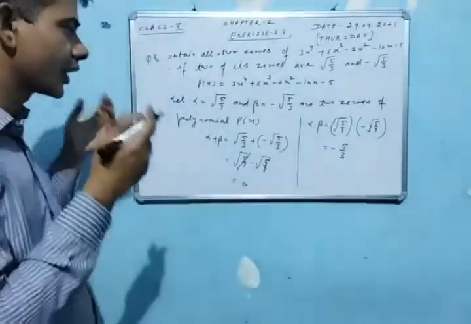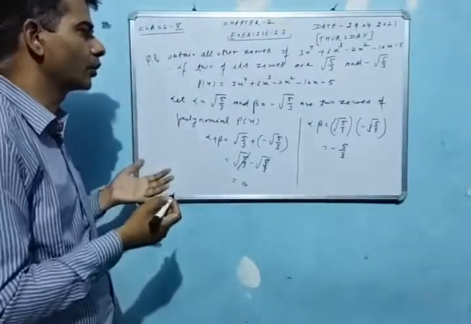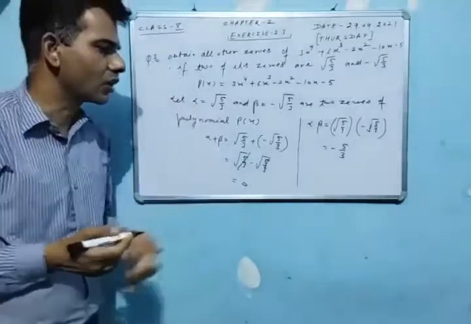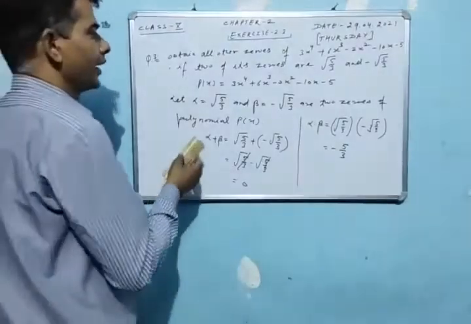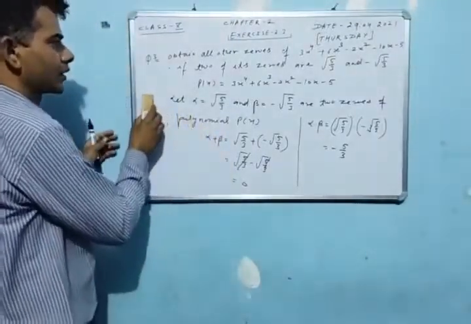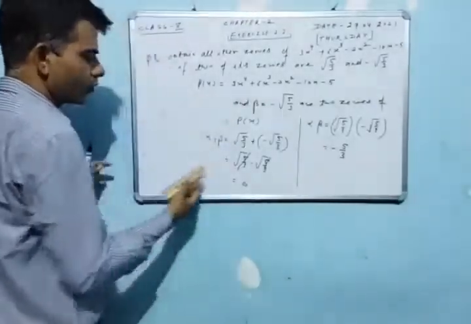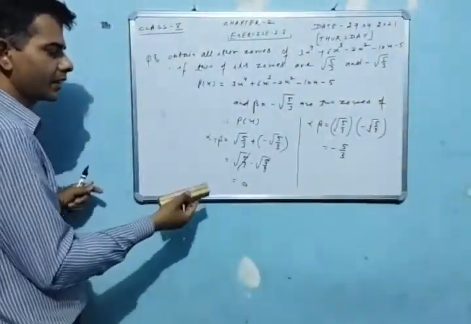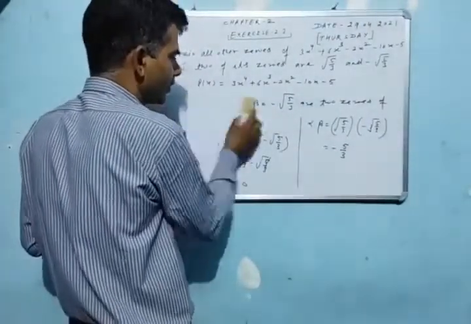Now we will use a formula to make a quadratic polynomial. Students, first of all, please note it down. Now students, we will make a quadratic polynomial. Now your sum of zeros, that is alpha plus beta, is 0 and alpha beta is minus 5 by 3.